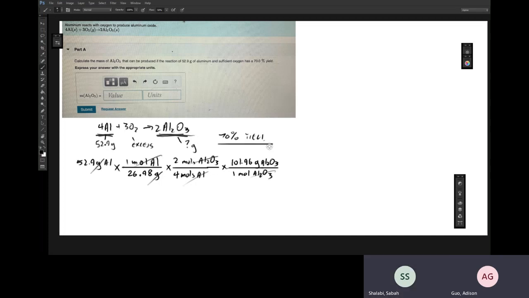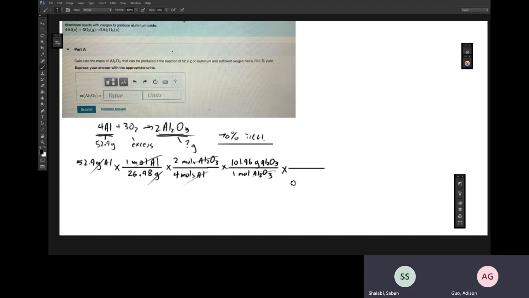Which means this would calculate the theoretical amount you would create. 70% yield means if you could theoretically make 100 grams of it, you would actually only make 70 grams of it. You somehow just lose 30%, because you dropped it or it's just inefficient somewhere.